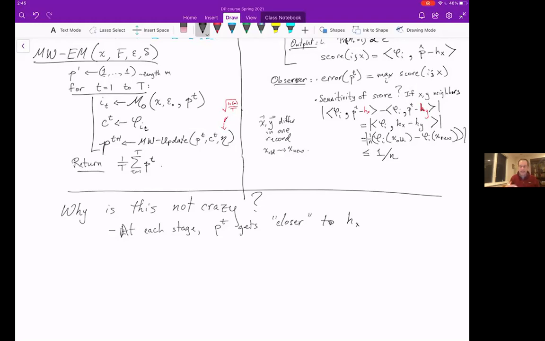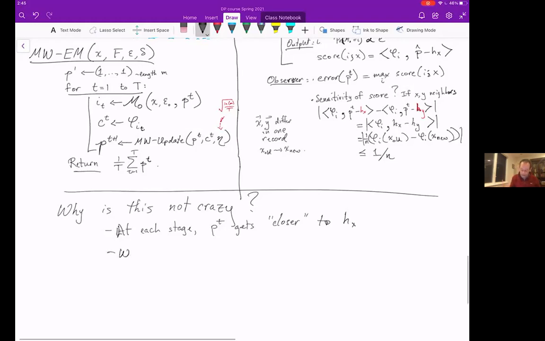We're not going to actually prove it this way. The way we're going to analyze it is to use the multiplicative weights guarantee as a black box. But indeed, if you crack open the box and really try to understand what's going on inside, you'll see that this probability distribution P sub t is getting closer and closer, in some measure of divergence, to the true distribution. That measure of divergence is called KL divergence.